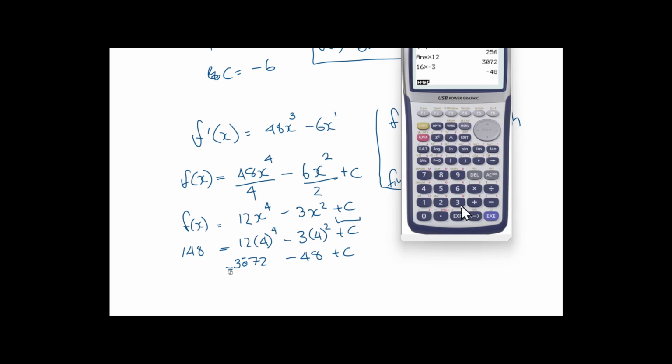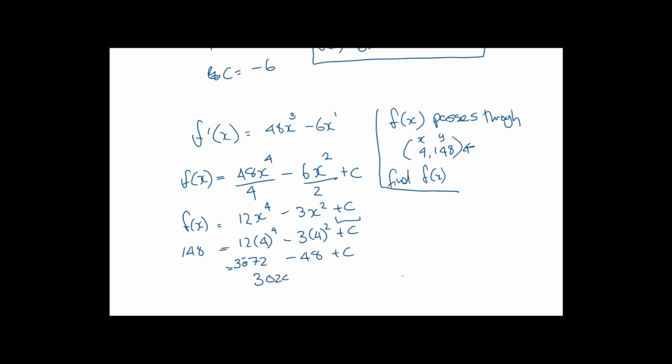So 3072 minus 48 is 3024. So 148 minus that, and we're going to find c.